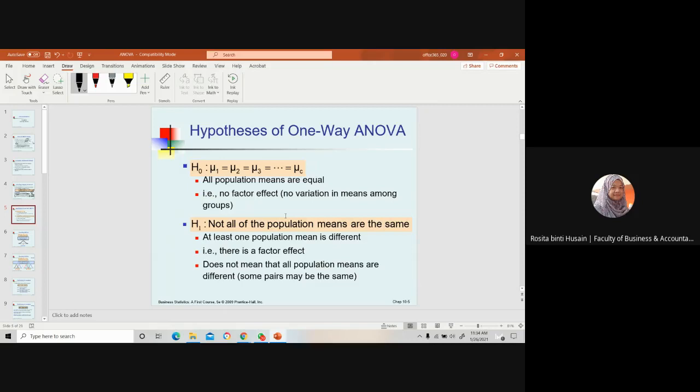Hypothesis dia sama je, equal and not equal, because differences. You are more interested in differences. So H0 mean equal. H1 alternative, not all of the population means are the same, or at least one mean is not equal, ataupun different.